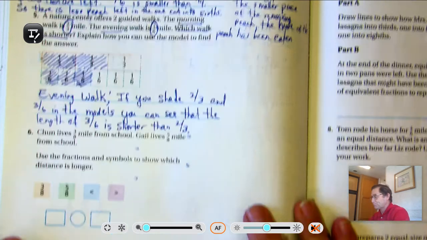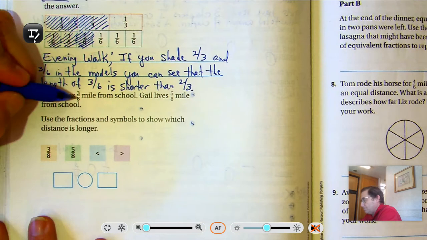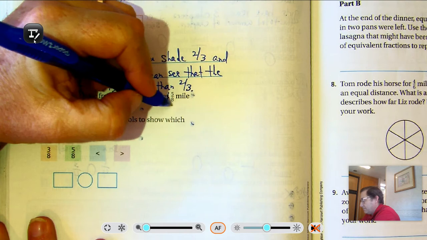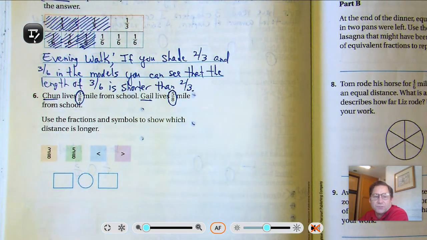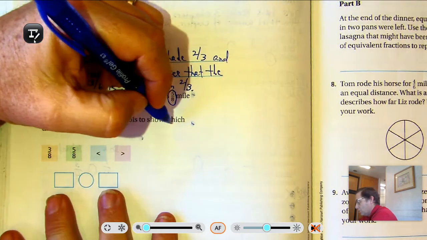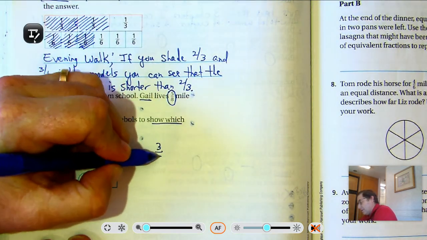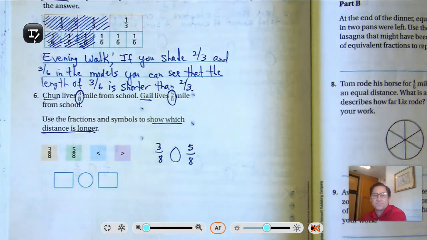Okay. Number 6, Chun lives 3/8 mile from school. Gail lives 5/8 mile from school. Use the fractions and symbols to show which distance is longer. Which distance is longer? 3/8 compared to 5/8.